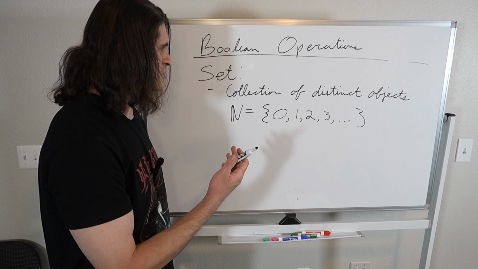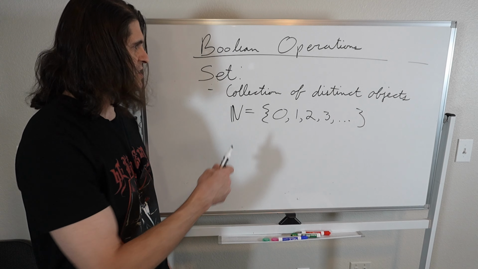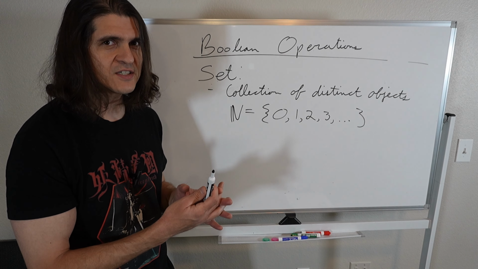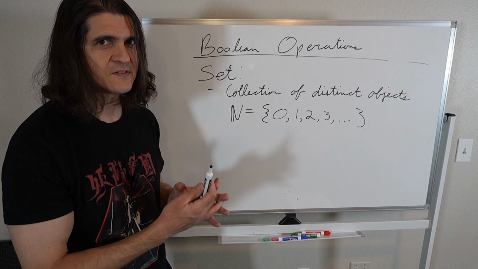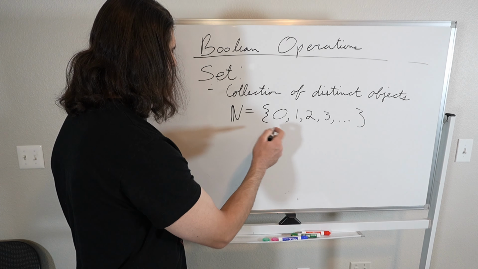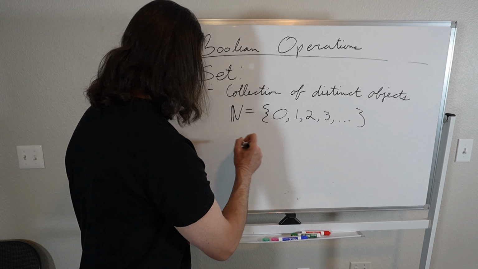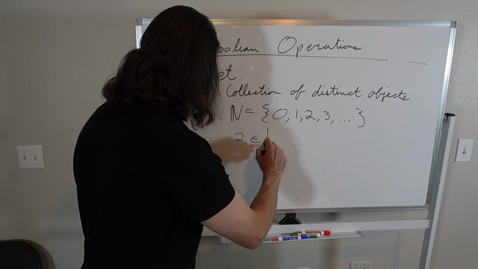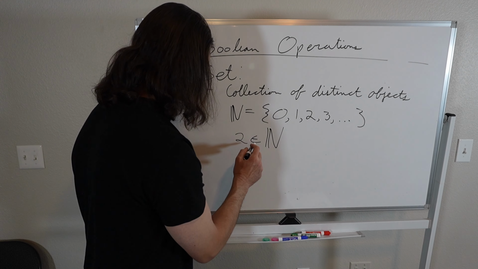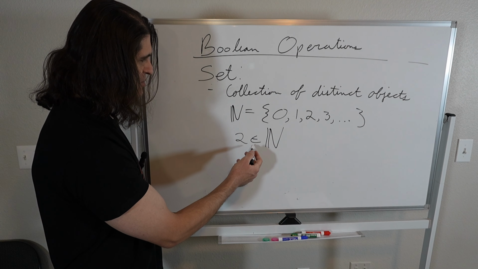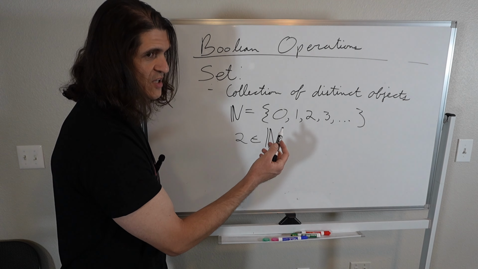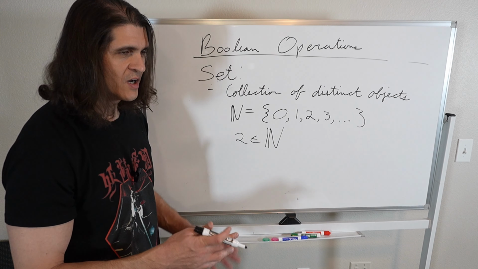And the next important property of sets is that an object either is or is not a member of the set. So for example, I can write that 2 is a member of the natural numbers. And this symbol right here generally means that 2 is in the natural numbers.